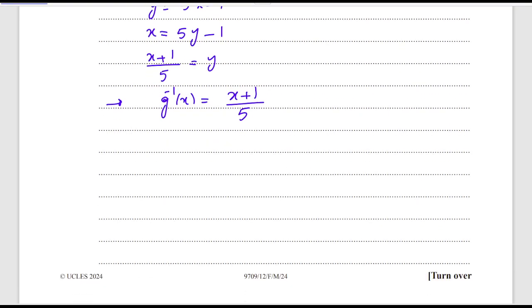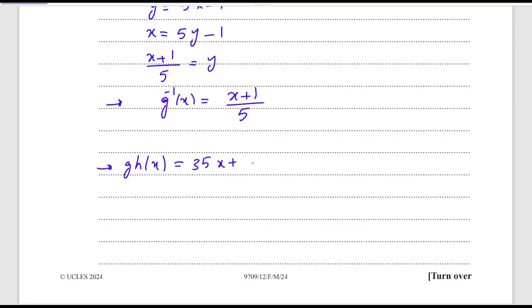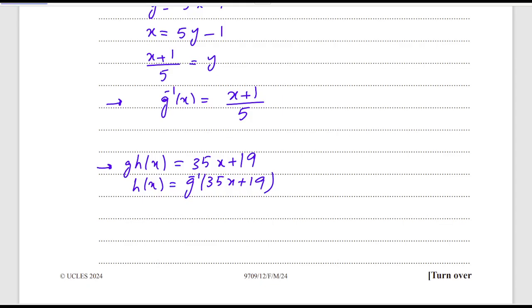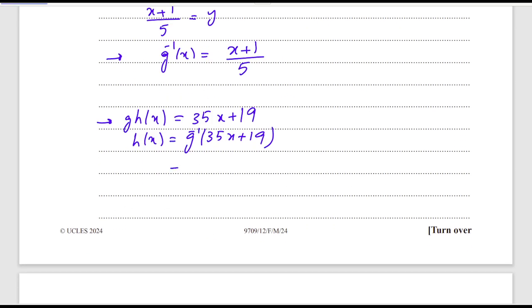Now for the second part of the question, we are given gh of x is equal to 35x plus 19, and we need the value of h of x. Clearly h of x is equal to g inverse of (35x plus 19) by the definition of inverse function. Now for g inverse of 35x plus 19, substitute this value 35x plus 19 into g inverse in place of x.